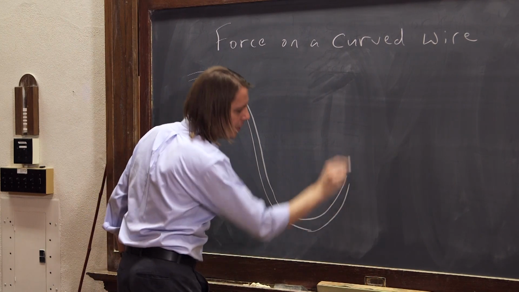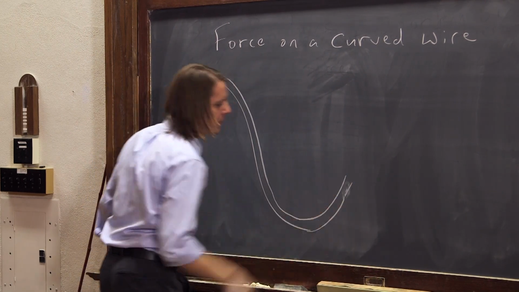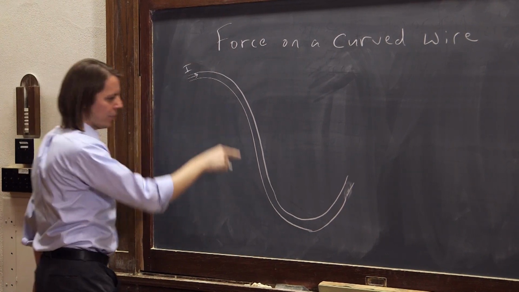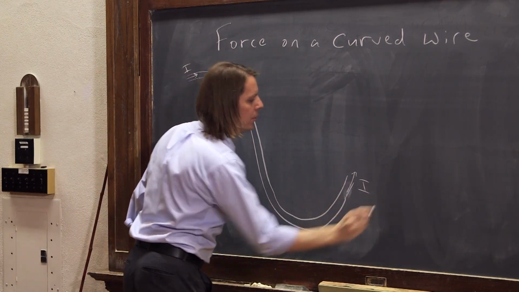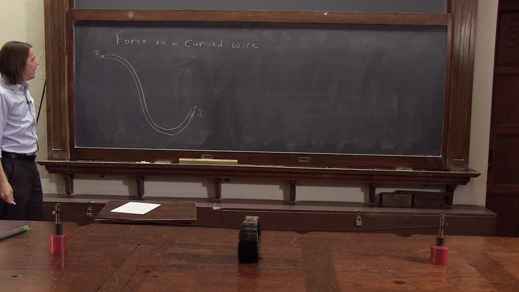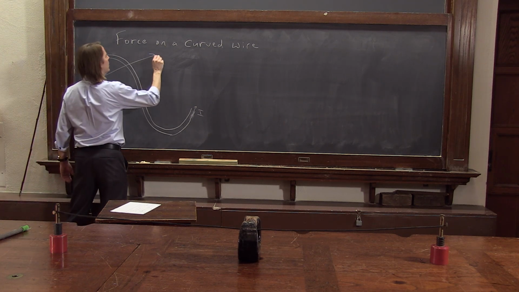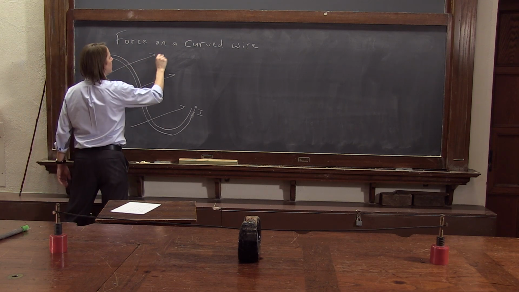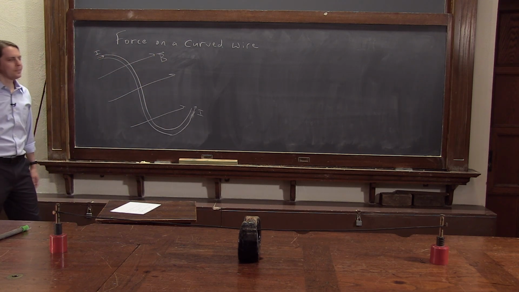Like that. Oh, so close. Okay. And there's current flowing through this wire. The same current has to flow all the way through the wire, like that. And let's put it in a magnetic field. Doesn't have to be uniform, but I'll draw it uniform just to make it easier to see.